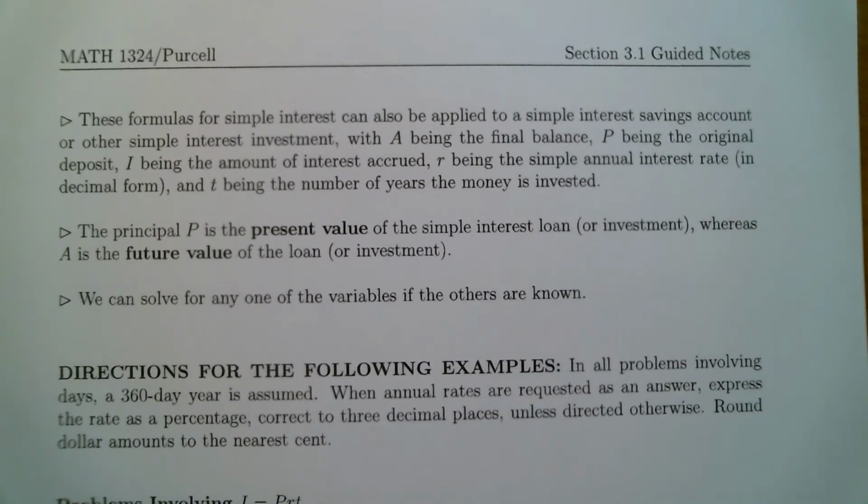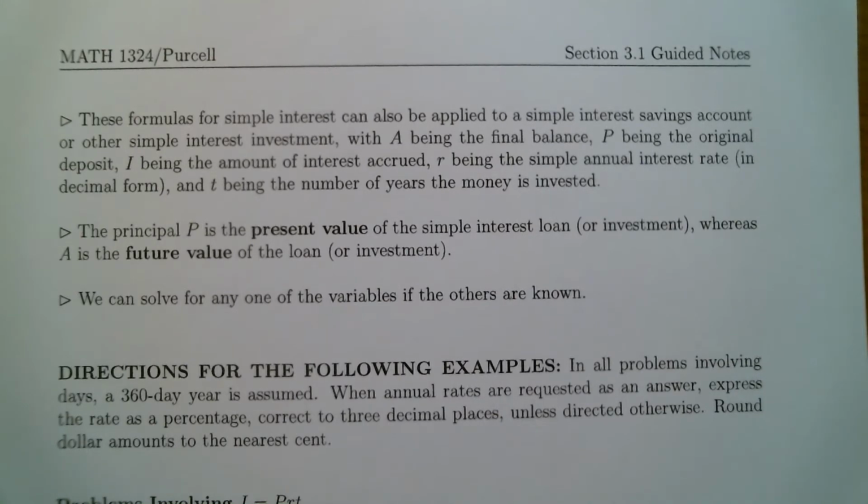As time passes, I have to pay interest on the amount I borrow. So when it comes time in the future to pay the loan back, I'm going to owe A total, principal plus interest. That's why it's called the future value of the loan, because that's how much I will owe in the future.